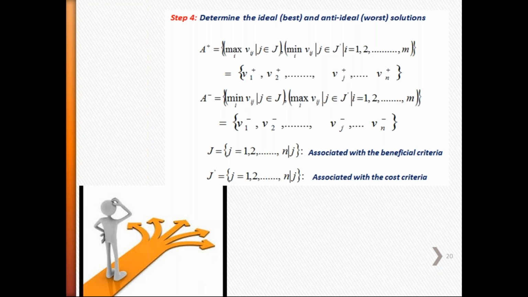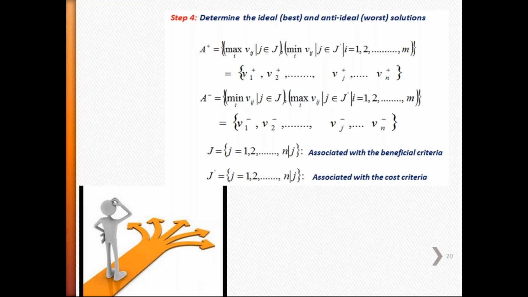That is why the notation is A plus equals maximum of Vij, i varying, j common, where j belongs to the set capital J, which is the benefit criteria.